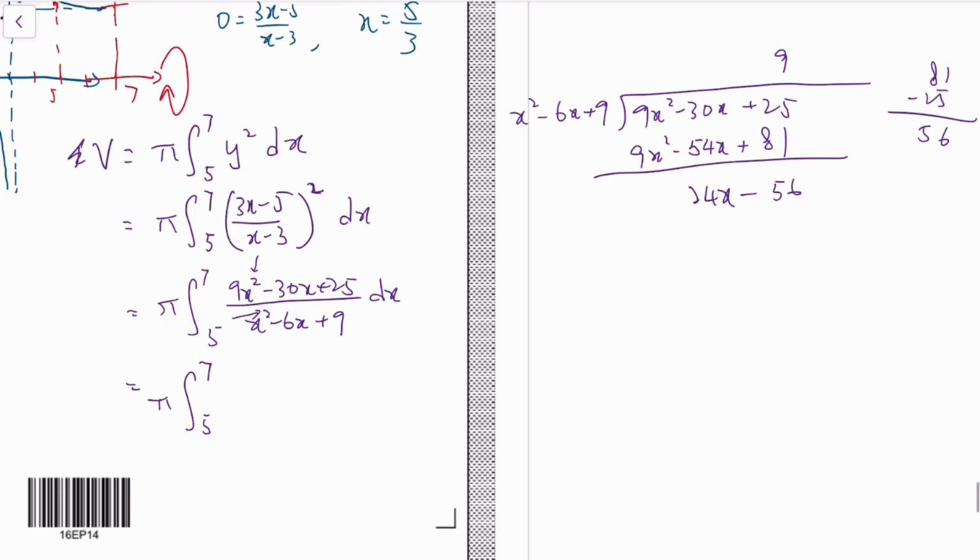So the integral becomes 9 plus (24x minus 56) over the original denominator. But that denominator was (x minus 3) squared.